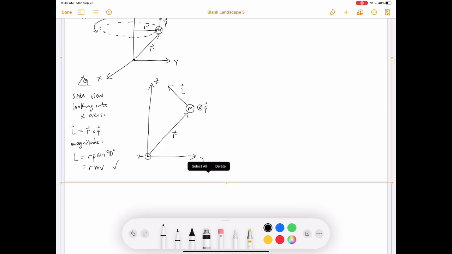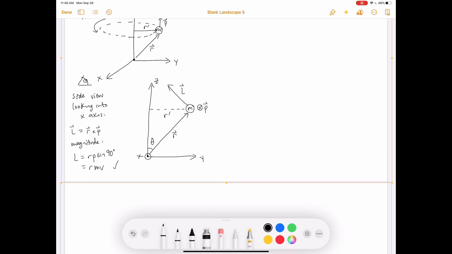Now to add a little bit more detail to this drawing, we'll remember that the radius of the circle that the particle is moving in is r prime. So that would just be the distance between the z-axis and the particle shown there. And let's label this angle right here theta. That's the angle between the r vector and the z-axis.